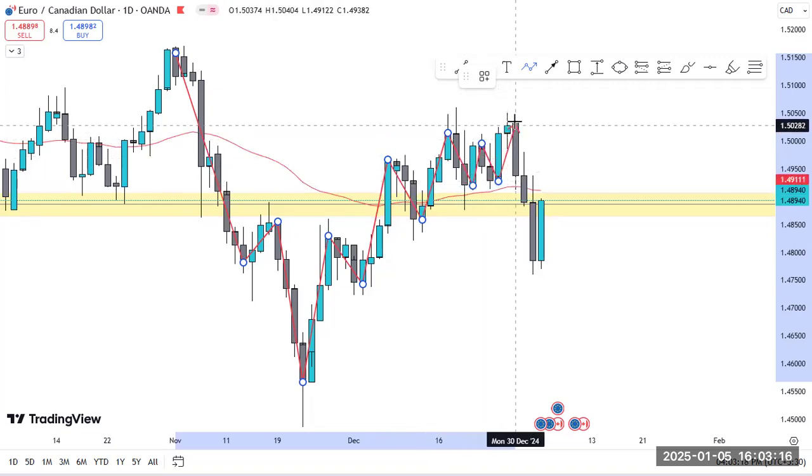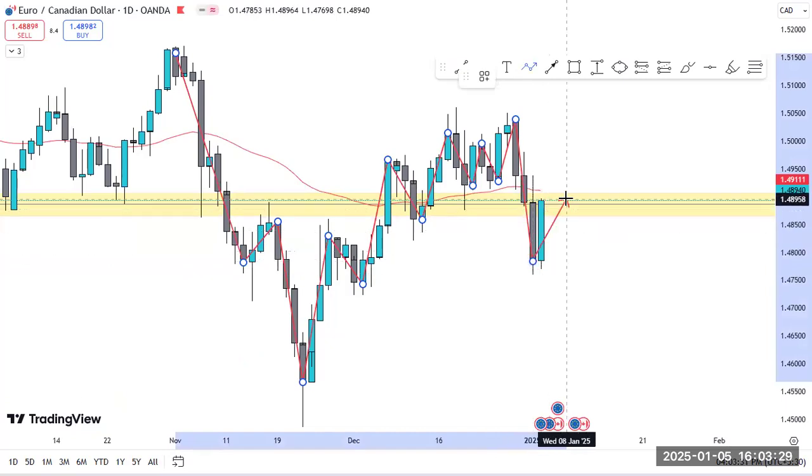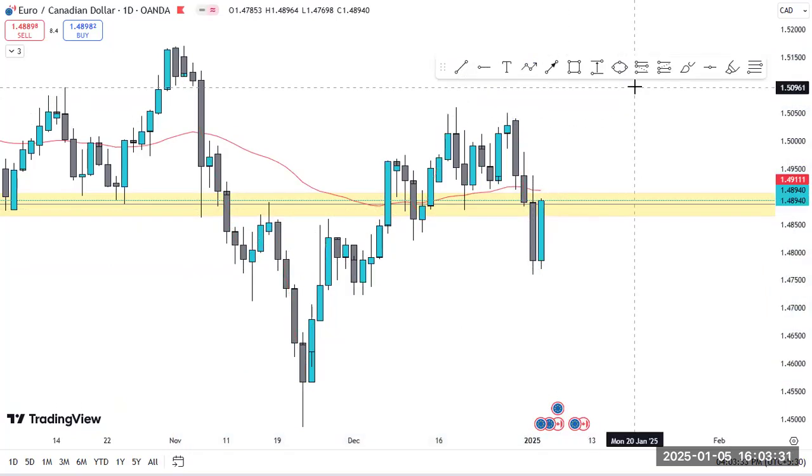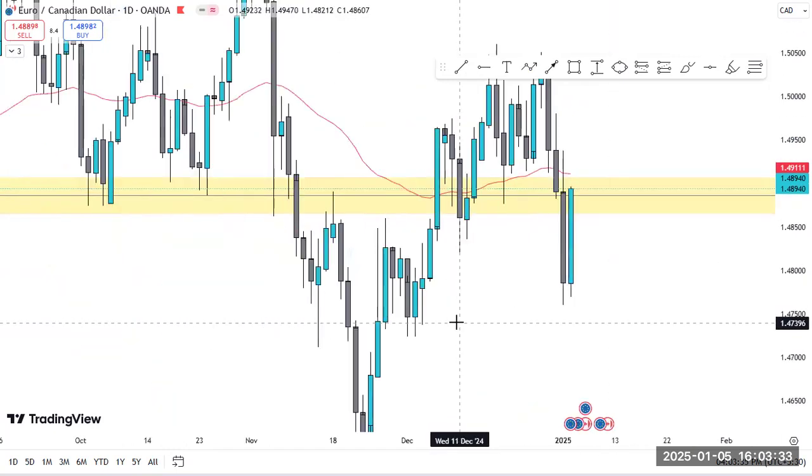Now it is our higher high, and this is our lower high. As soon as we broke below this, we are in a downtrend now. So in daily, we can see that we are in a downtrend.